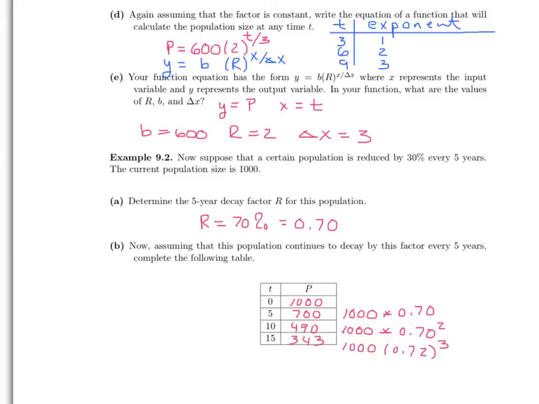So you can see a trend or a pattern in how the population values get calculated. In all cases, we're taking the initial size and multiplying by the decay factor, and the only thing that changes is the exponent. So again, we'll figure out the equation for that in just a few minutes.